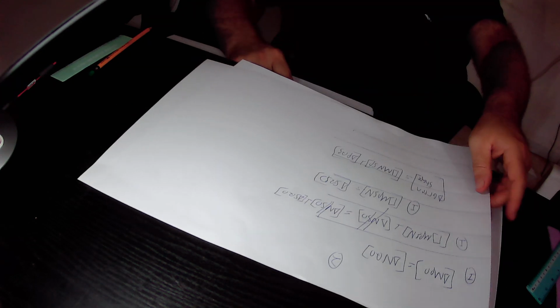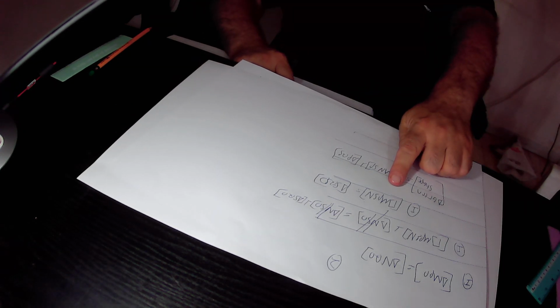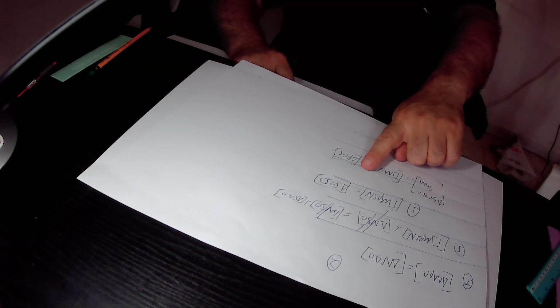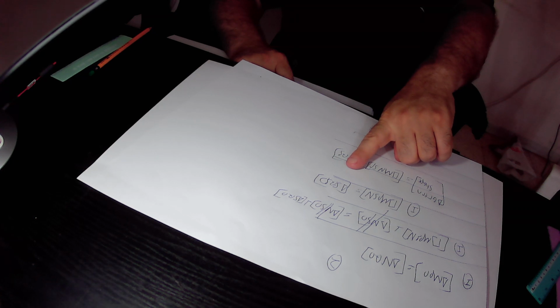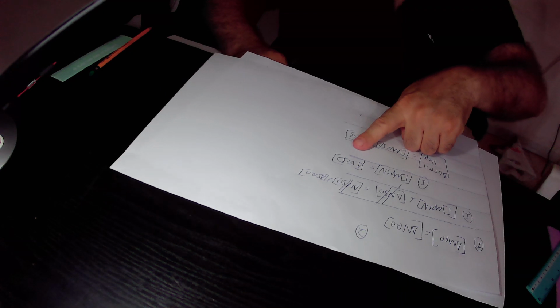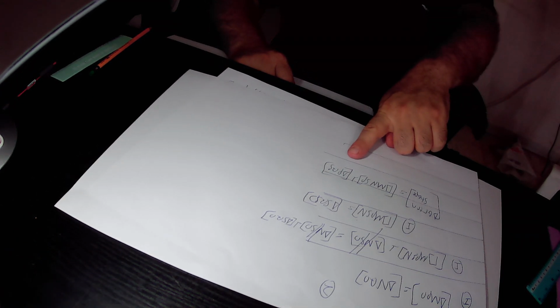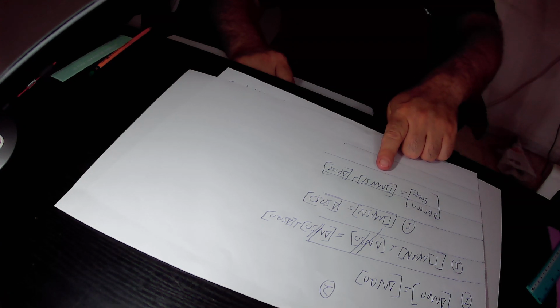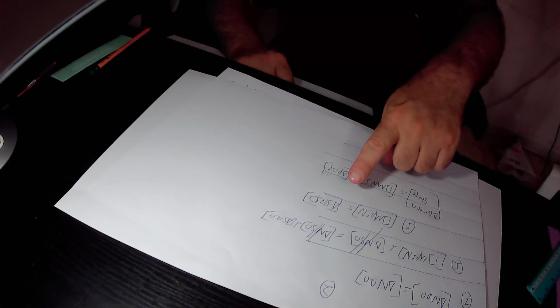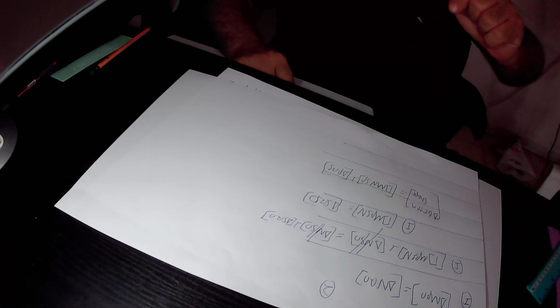But we already found out that the area of quadrilateral MPSN is equal to the area of triangle SQO. So we can substitute the area of quadrilateral MNSP by the area of this right triangle SQO because they are equal to each other.